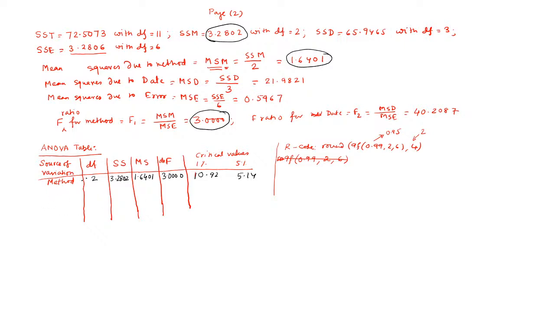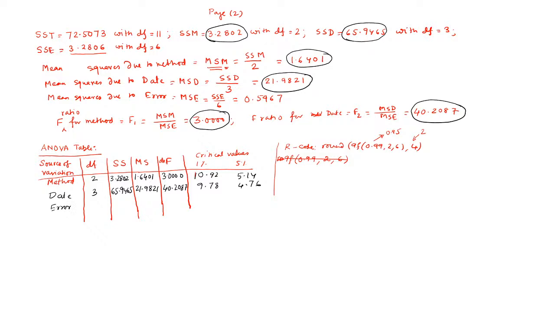For date, degrees of freedom is 3, SS is 65.9465, MSD is 21.9821, observed F is 40.2087, and the corresponding critical values are 9.78 and 4.76.